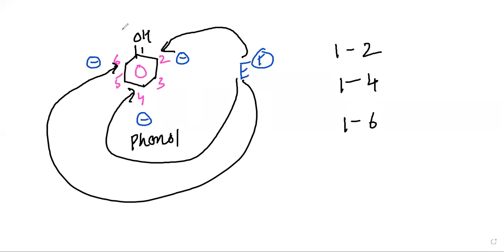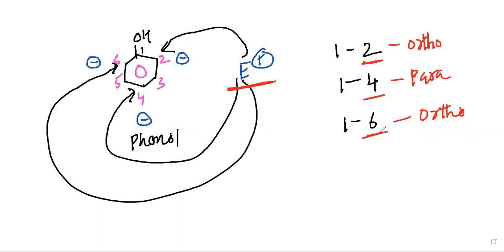But we are very well aware, my dear students, that these various positions are given names. The 1-2 position is known as the ortho position, the 1-4 position is known as the para position, and the 1-6 position is again known as the ortho position. That means if something attacks on phenol, it will be bonded to the second, fourth or sixth position.